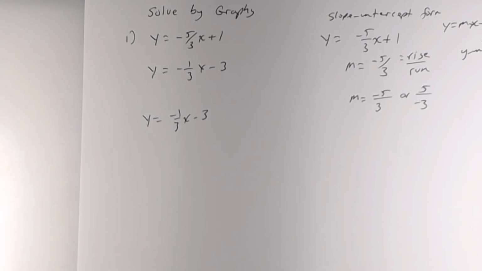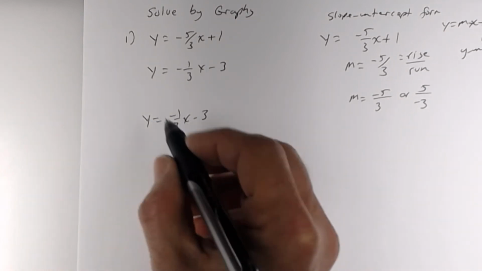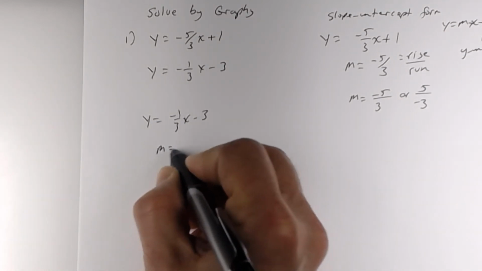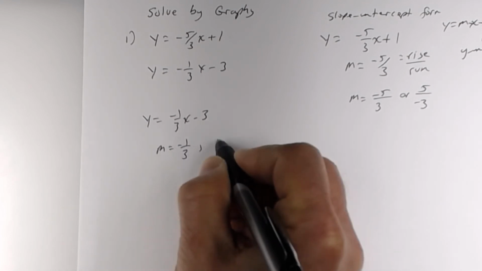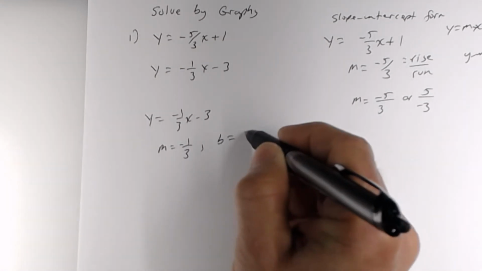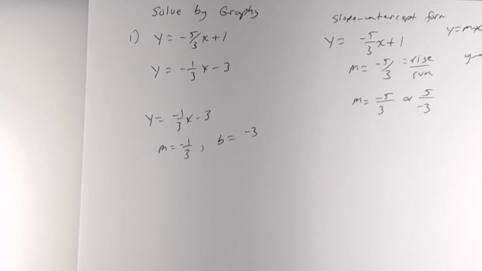So y is already by itself though. So what's the slope? -1 divided by 3. What's the y-intercept? What is b? -3. So b is -3. That's your y-intercept. So if I want to graph that line, then how many solutions does that line have? An infinite number. That's why we're graphing it.